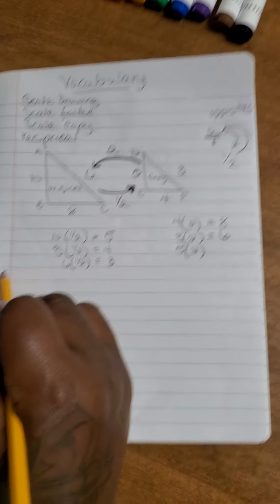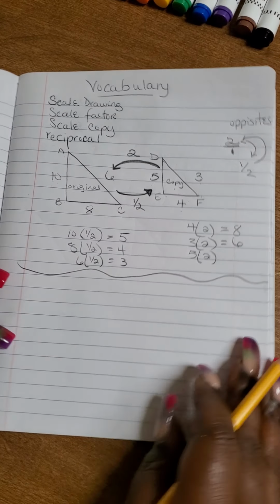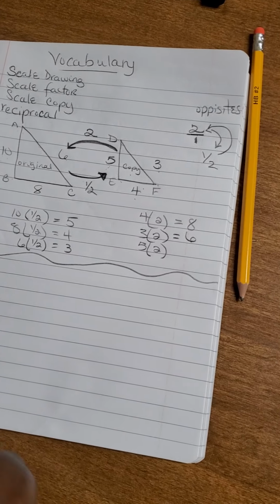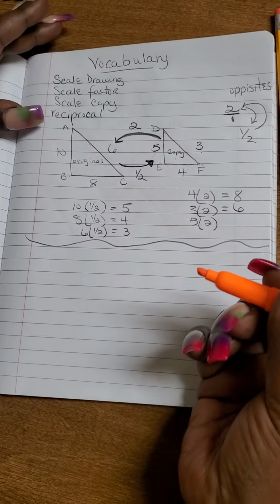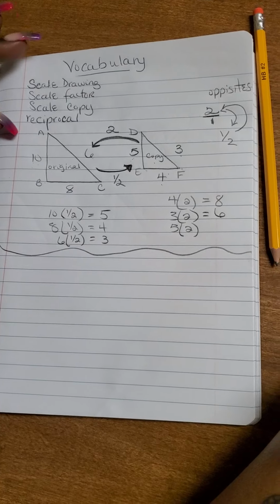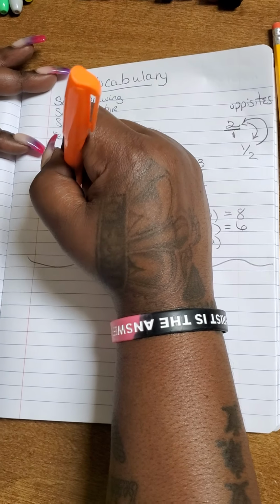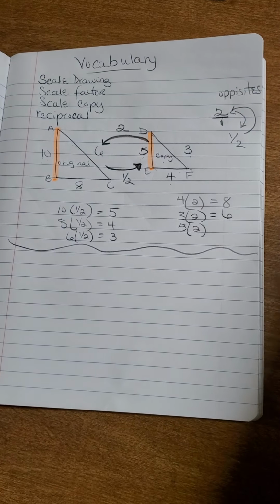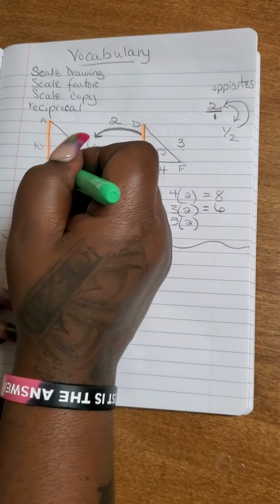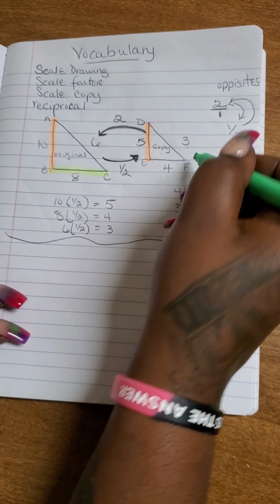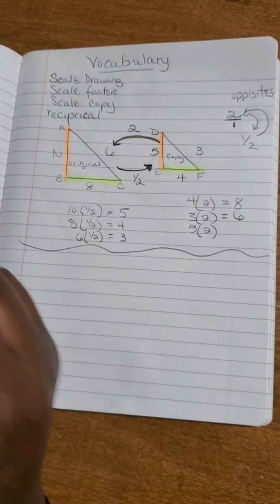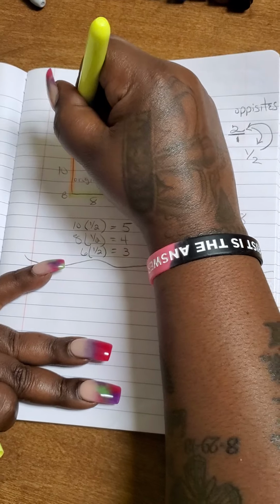All right? Now, also as well, with scale copies, we might as well go ahead and just introduce you to corresponding sides in the video, because we've already discussed this in class. You have side AB. The corresponding side is DE. You have side BC. The corresponding side is EF. You have side CA or AC.